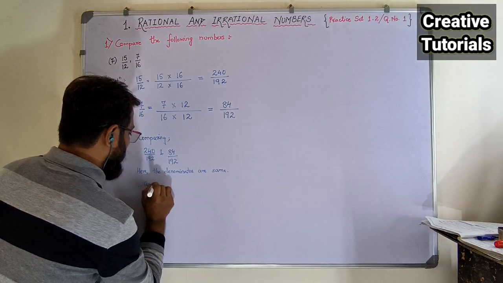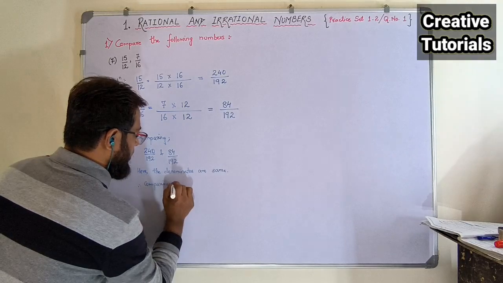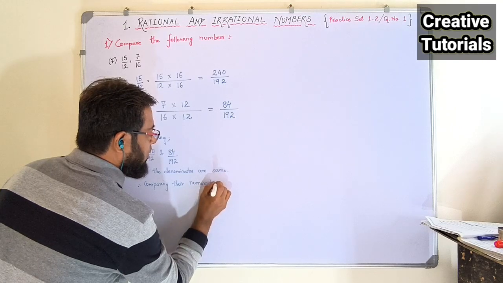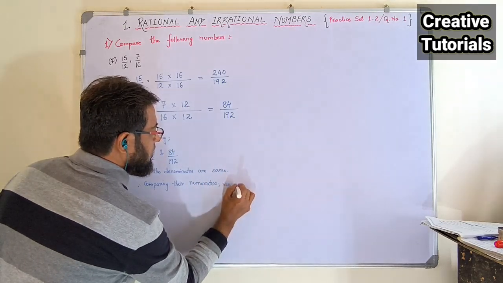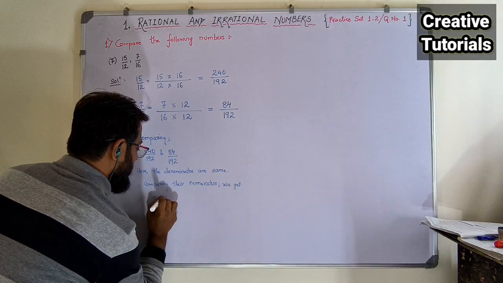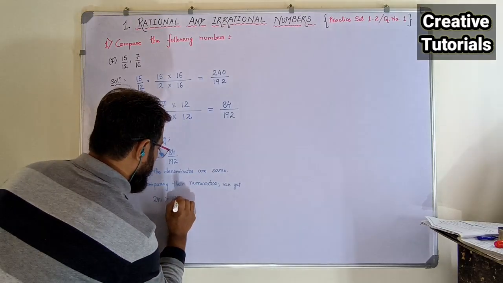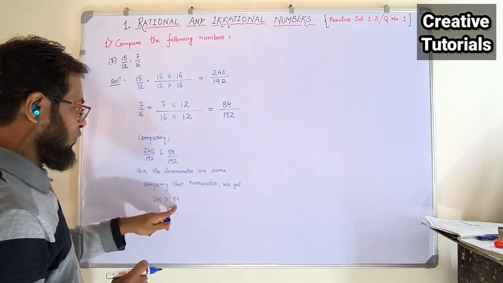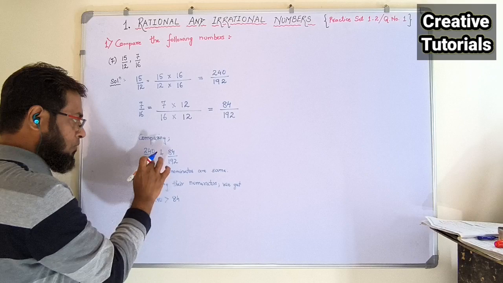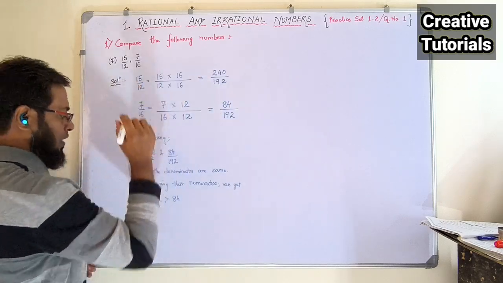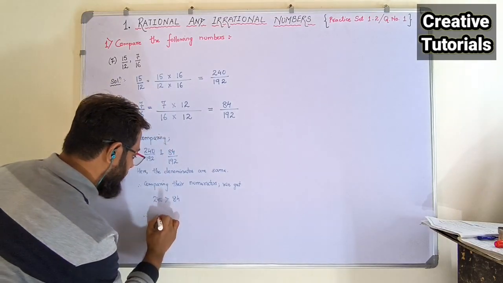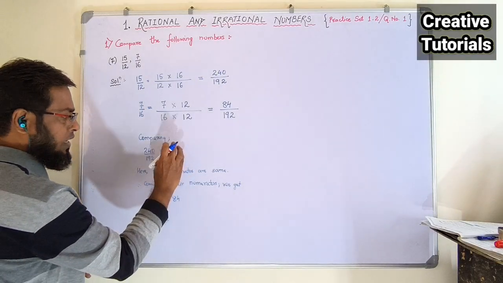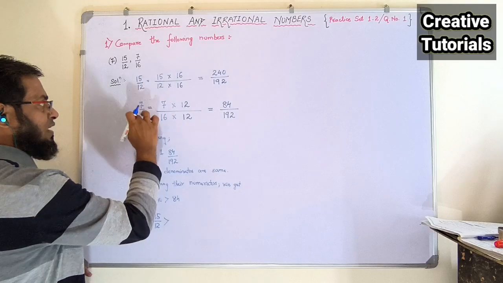Therefore, comparing their numerators, we get 240 is greater than 84. You see, 240 is greater than 84. So 240 I got from this one and 84 I got from this one. And 240, which I got from this fraction, is nothing but the equivalent of this one. So therefore 15 upon 12 is greater than 7 upon 16, since 84 I got from this one and this is nothing but the equivalent of my fraction 7 upon 16.